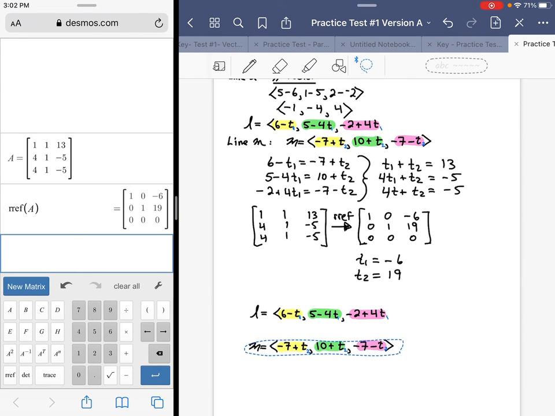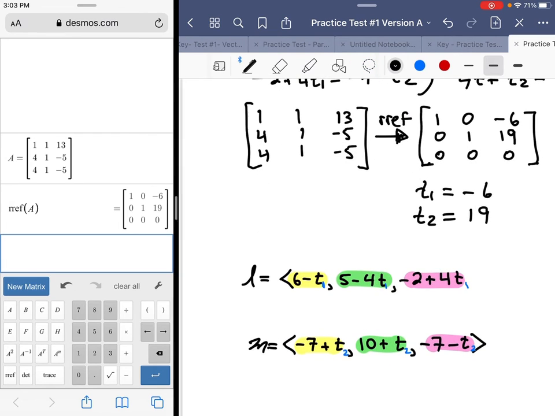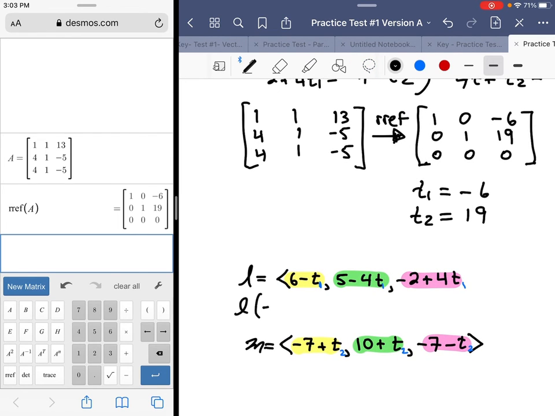So I would not get lazy here. So I would be looking at L of -6 and M of 19 to verify.